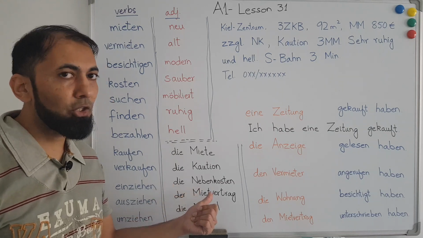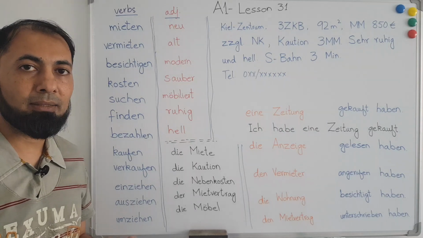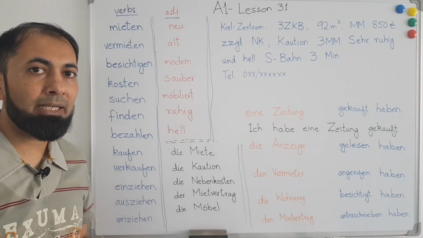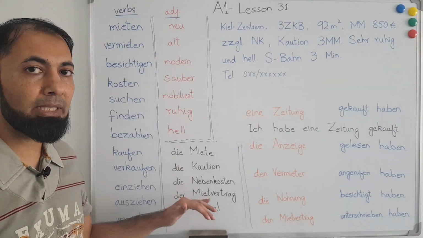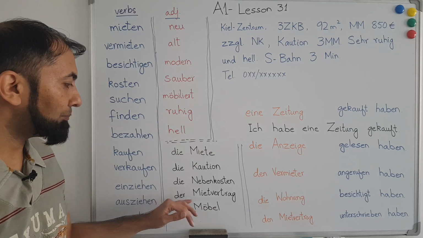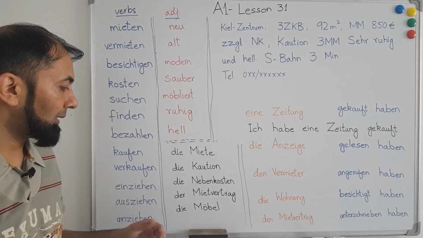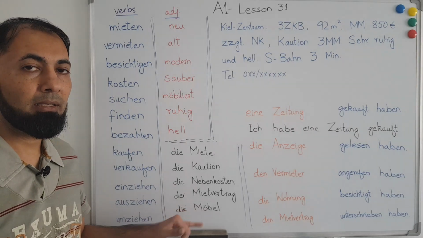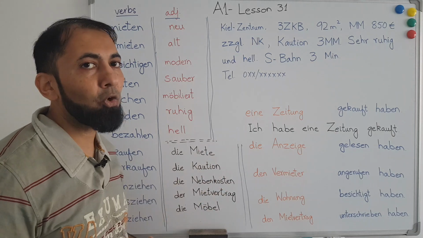Die Nebenkosten, the auxiliary costs, costs like heating, water, and electricity. These are usually not included in the rent, so you have to pay them extra. Der Mietvertrag, the rental contract. Die Möbel, the furniture.